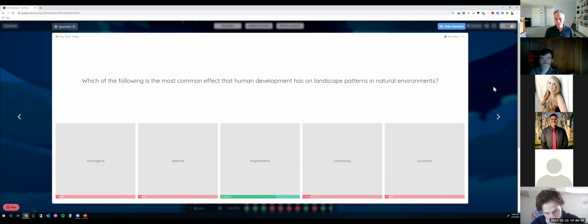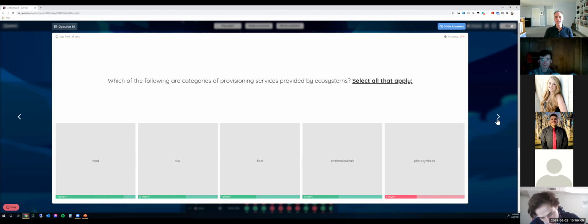Exactly. So it's basically taking one large ecosystem or habitat type and breaking it up into lots of small patches of that particular ecosystem as a result of development that happens in between and leaves over little remnant pieces of that habitat.